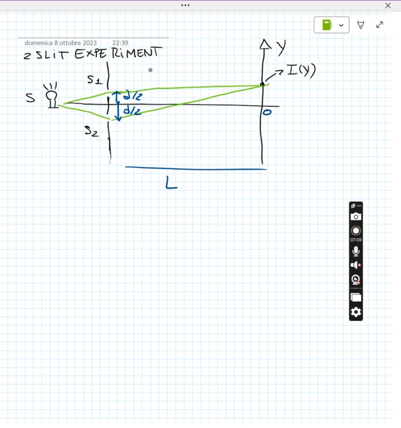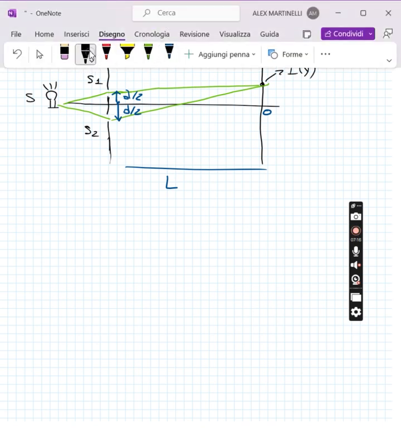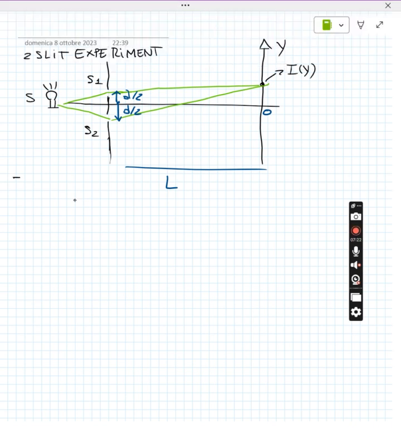How can we solve this problem? We have described the electromagnetic wave like this, for example for the X component of the electric field associated with the wave.